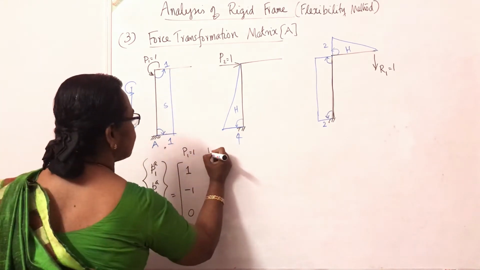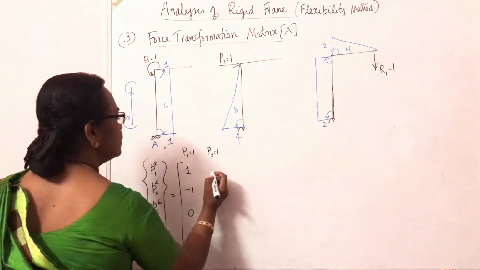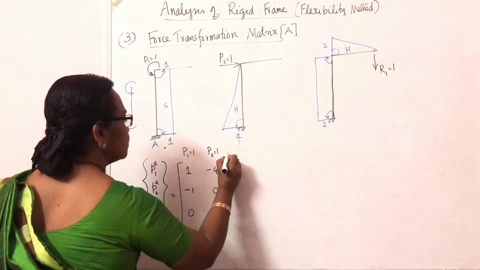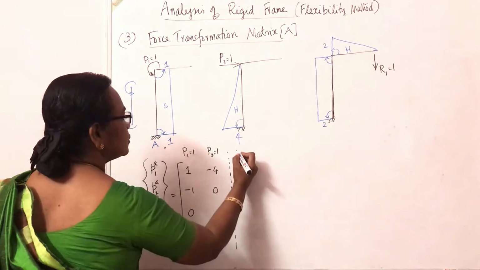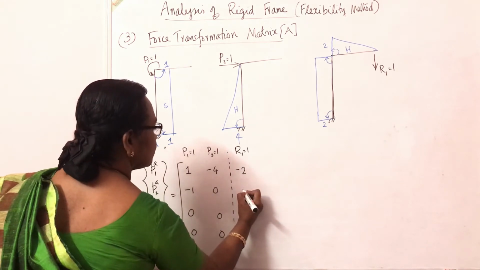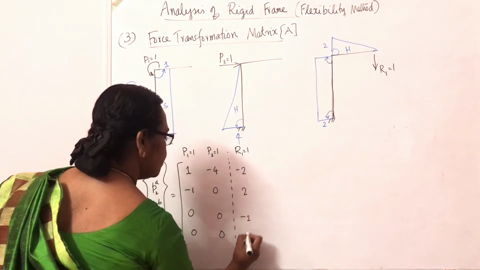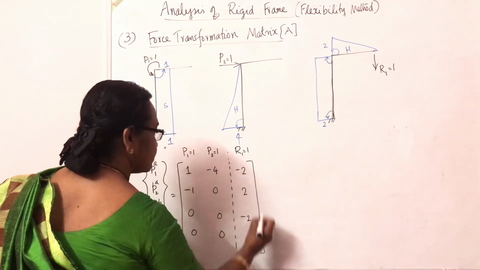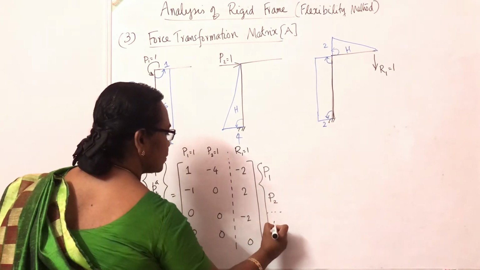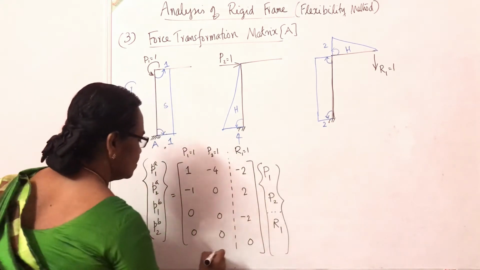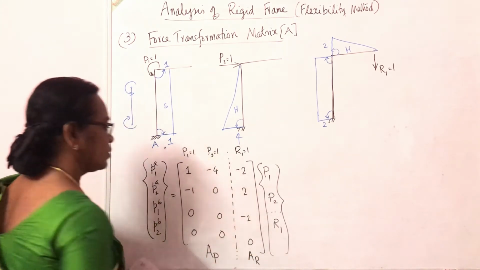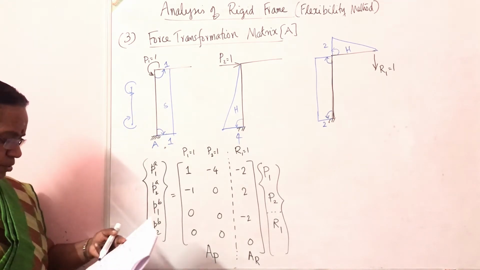By applying P2 equal to 1, first element minus 4, 0, and 0, 0. We are going to separate it. When R1 is equal to 1, first element minus 2, plus 2, minus 2, 0. This into P1, P2, R1. So this forms A suffix P and this is A suffix R. So we have got the transformation matrix.